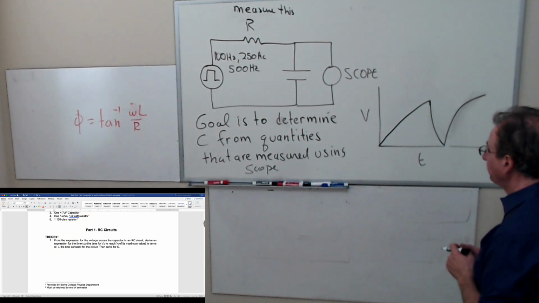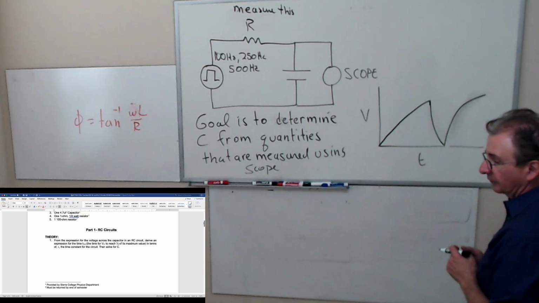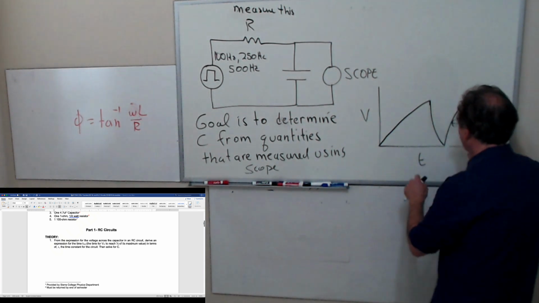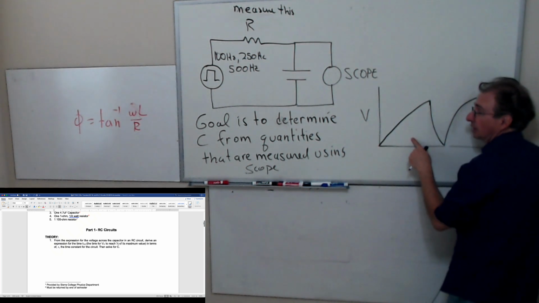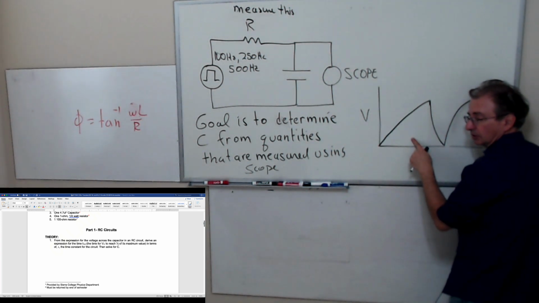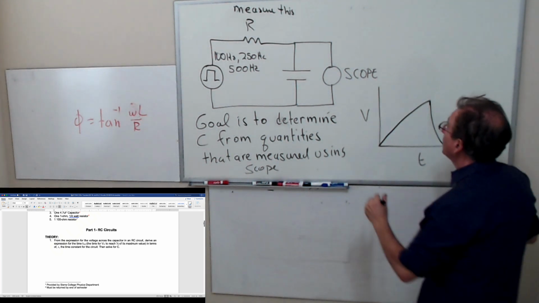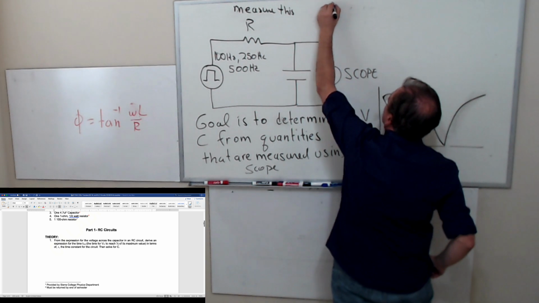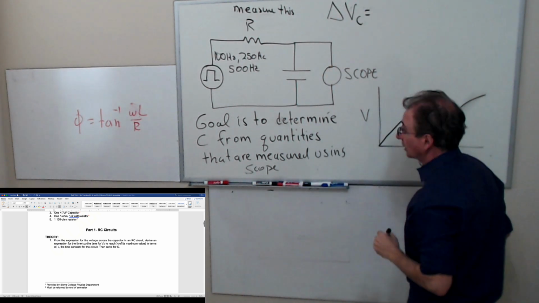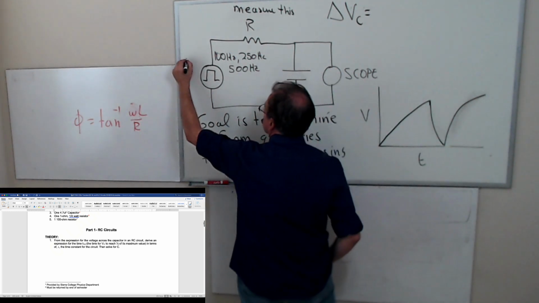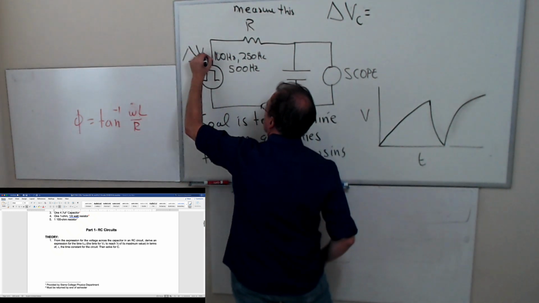So, from information we get on here and the measured resistance, we're going to measure the capacitance. So we know that the voltage across the capacitor, and I'm going to call this the power supply voltage, if you don't mind.